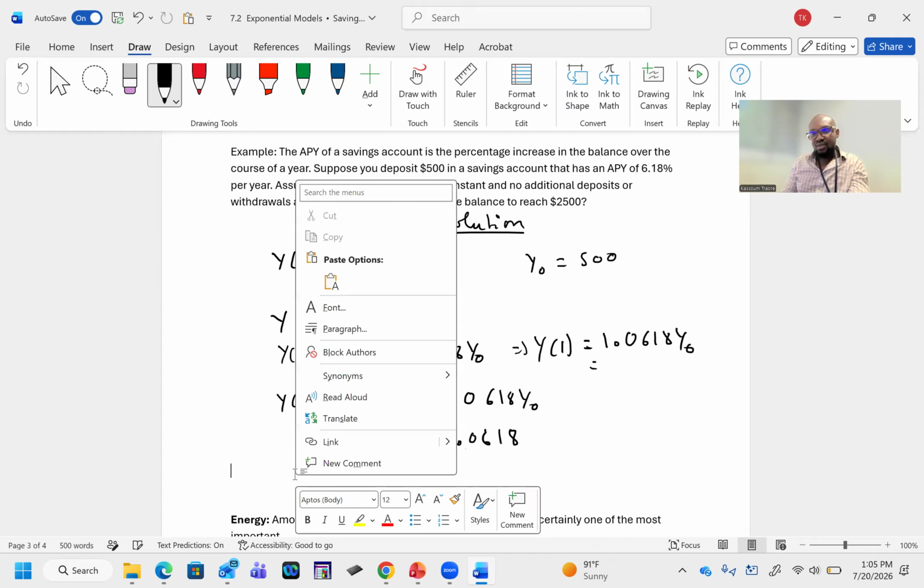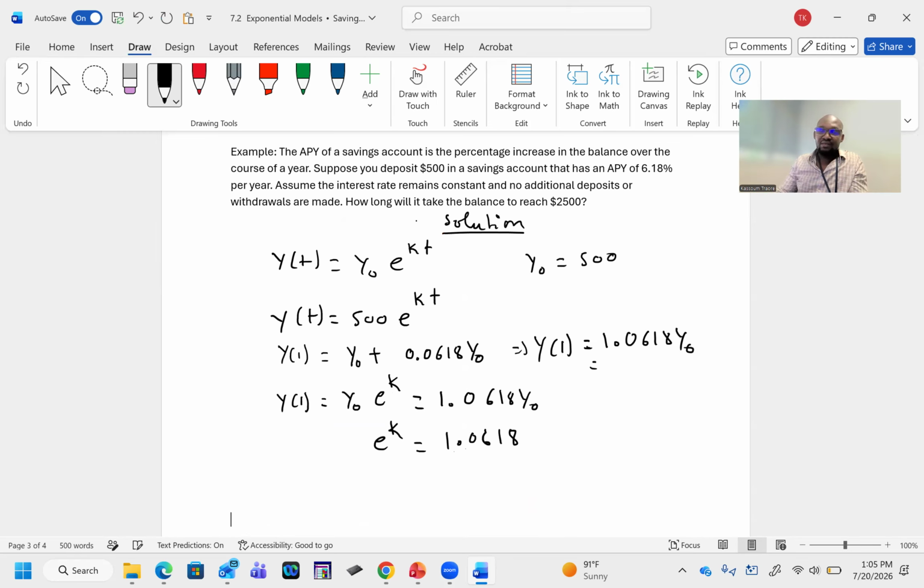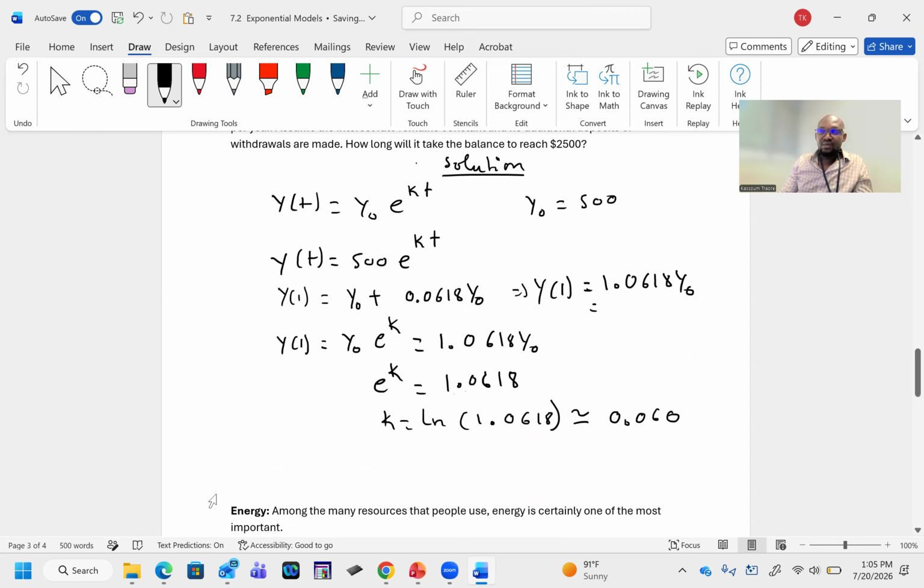So k, because we are looking for k, is not given. Applying ln on both sides, my k will be equal to ln of 1.0618, right? Use your calculator, and that is 0.060. So now we have both y0 and k.